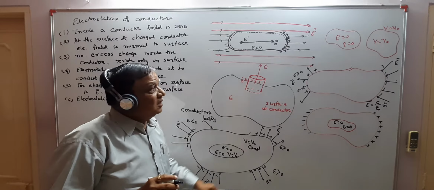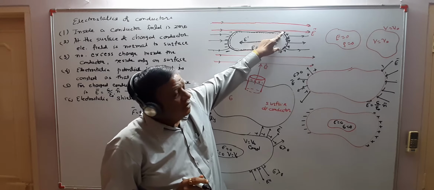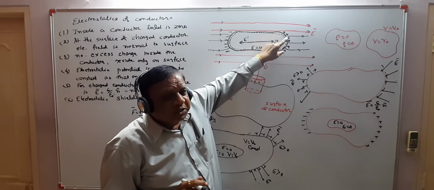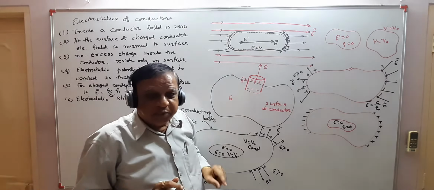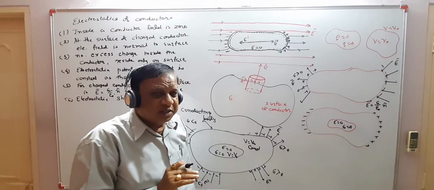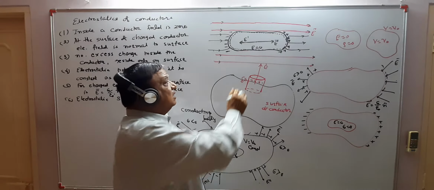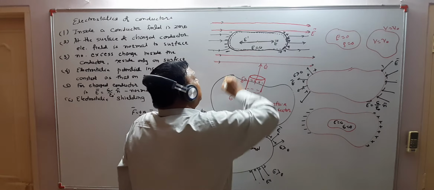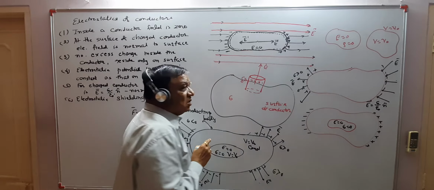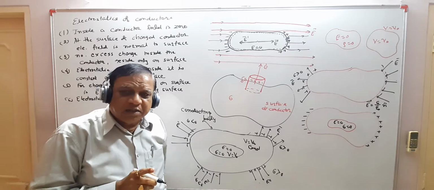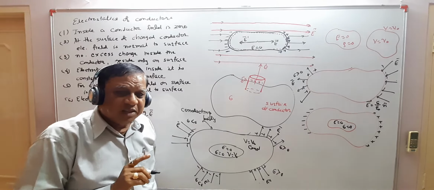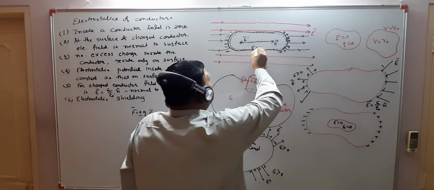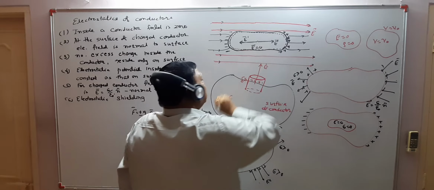Due to the motion, the induced positive and negative charges go on increasing up to a certain limit, and when the external field E equals E dash, both are equal but opposite, so the net field is 0 and the motion stops.